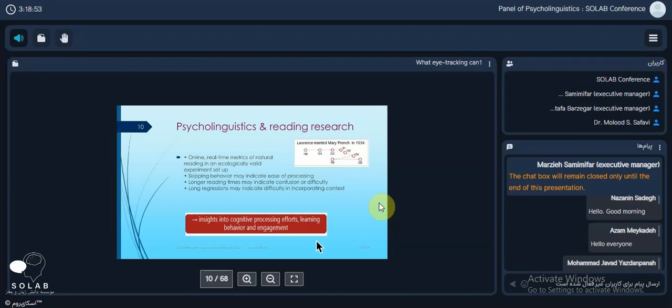It's very important to know more about cognitive processing, the link between language and cognitive processing. What does it mean? You should know about the executive control, you should know about the memory, you should know about the attention, because they are the fundamental functions of the brain for information processing.